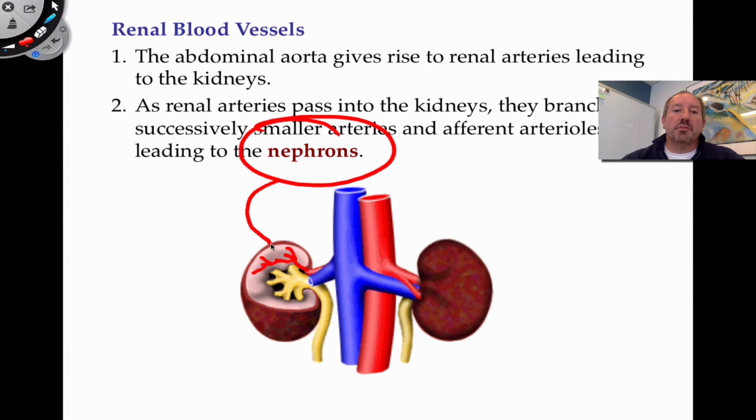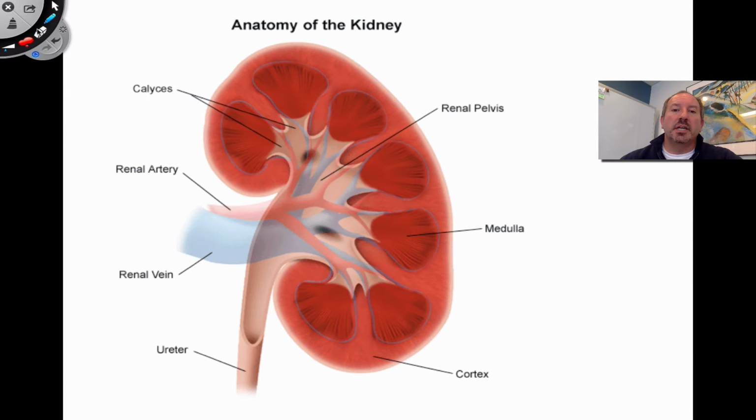These nephrons are found in the cortex, which is this outer region of the kidney, but they also loop down into the medulla as well. Basically, the nephron is the functional unit of the kidney, and it helps to produce the urine, and it helps to produce renin, and it helps to do all these things. And so the nephron is pretty critical.